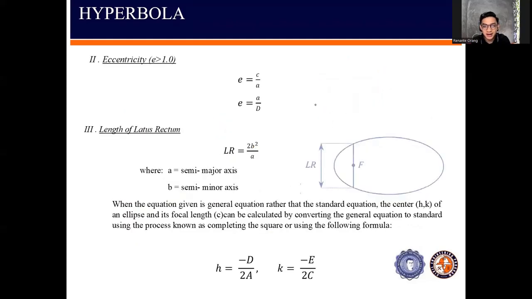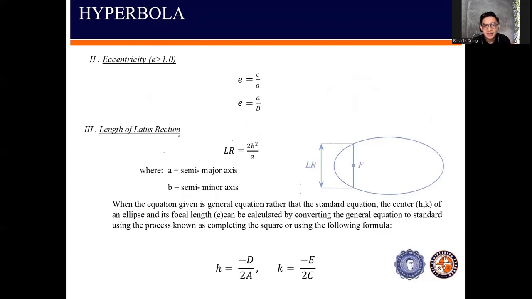But before that, may karagdagan pa din tayong formulas. What if hahanapin yung value ng ating eccentricity? So again, pag hyperbola, eccentricity natin is always greater than 1. So E is equivalent to C over A, or E is equivalent to A over D, capital letter D. So yan lang yung pagkuha natin sa ating eccentricity.